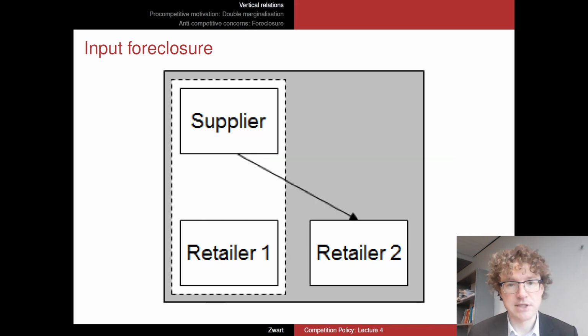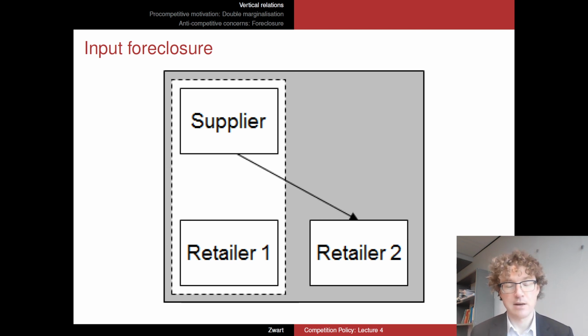So in the picture, this is what the framework basically will look like. There will be some supplier, the upstream firm, who might in principle supply both retailer 1 and retailer 2, who will both be competing to sell their end goods to consumers. But sometimes this dashed box here means this supplier and retailer 1 will have some kind of special relationship.